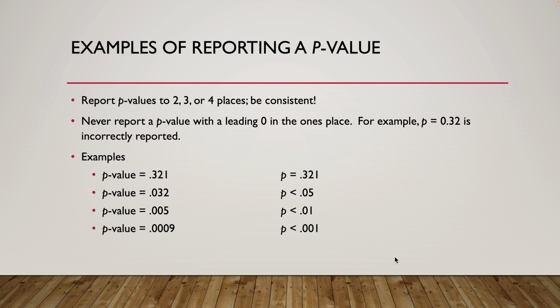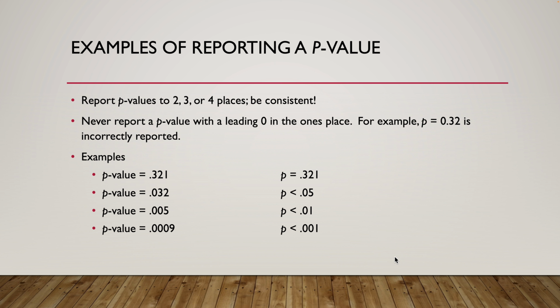The p-value of 0.321. Well, that's greater than 0.05, right? So I just report it as 0.321. In my document, if I was publishing, I have just kind of agreed in the beginning to report all p-values above 0.05 as is. If I have a p-value of 0.032, that falls between 0.01 and 0.05, corresponding with the second bullet on the previous page.